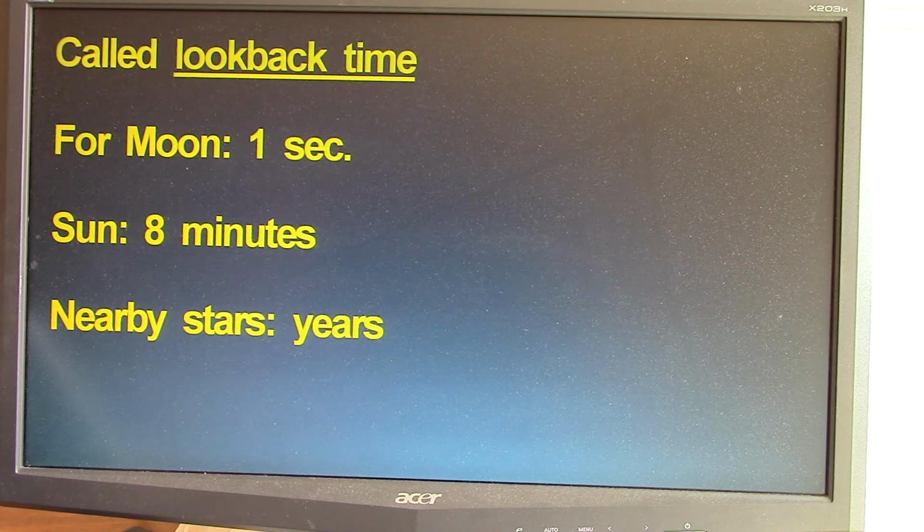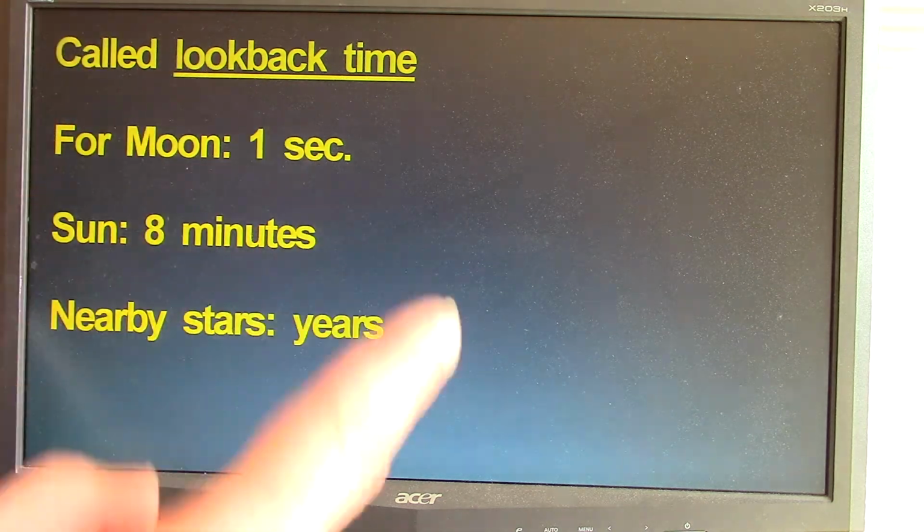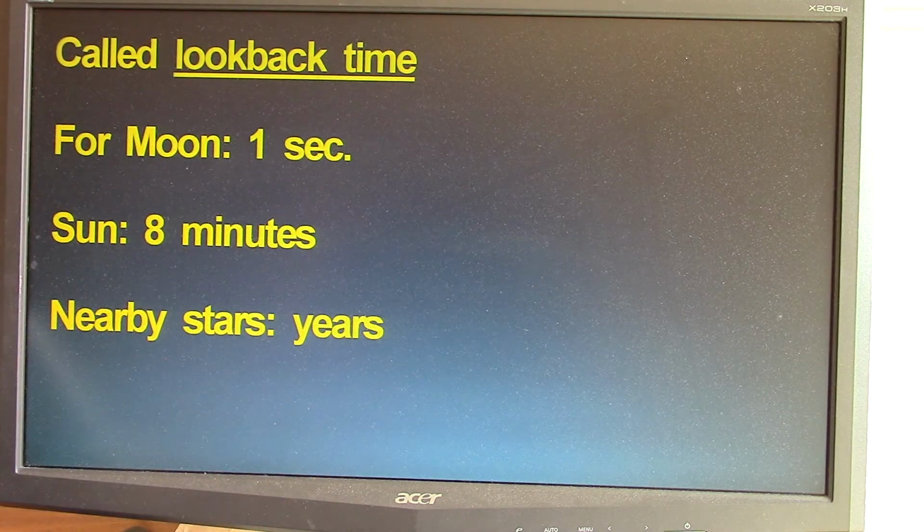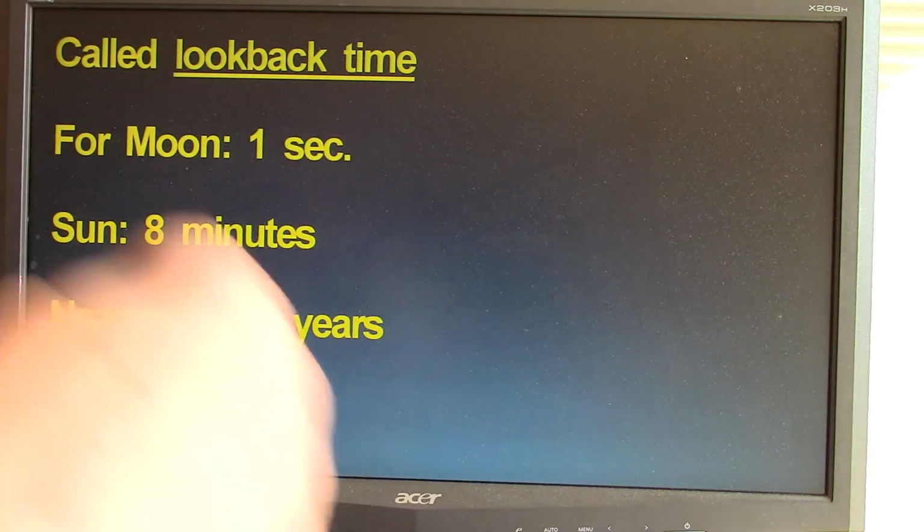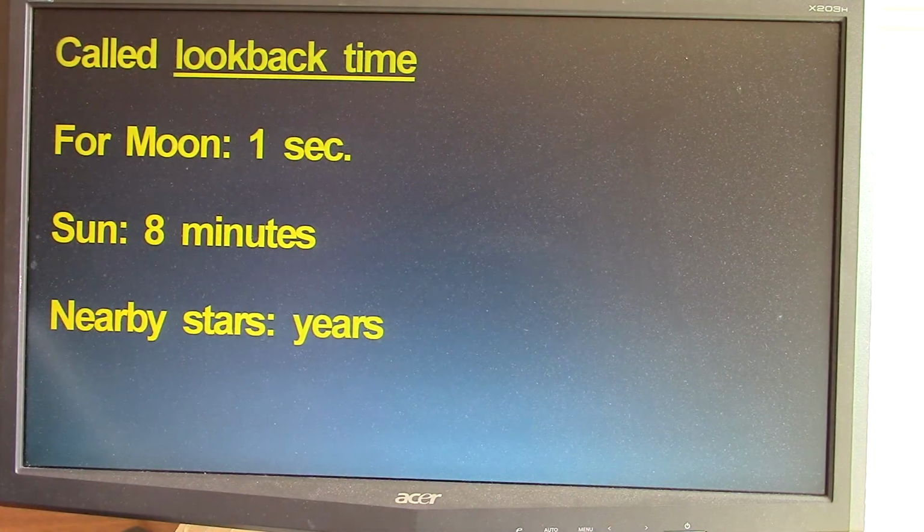Nearby stars, it can take years. The closest stars to our sun, which is a star, are in the Alpha Centauri system. There's Alpha Centauri, and there's another star called Proxima Centauri, because there are two stars orbiting around each other. Proxima Centauri is the closest star to us. It takes 4.2 years for that light to reach us.